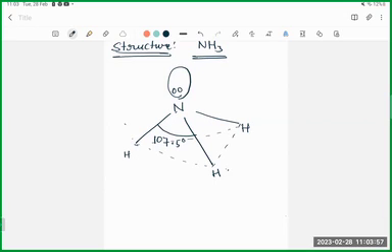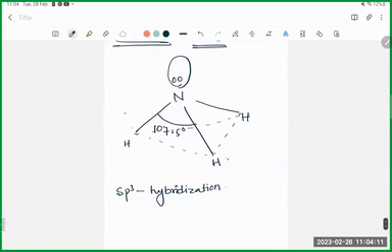We have one s orbital and 3p orbital hybridization. So overlapping, it gives the sp3 hybridization. Seeing sp3 hybridization, we can say it may go for tetrahedral, but it does not go for tetrahedral shape. The shape seen in this molecule is the trigonal pyramidal shape.